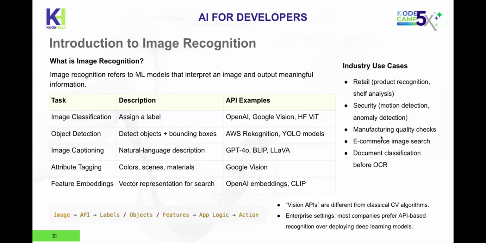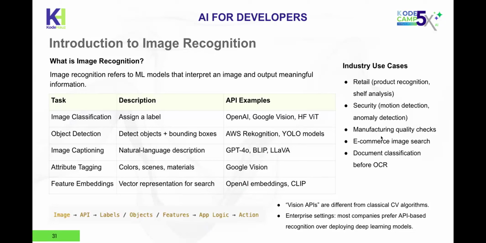Manufacturer quality checks. This is another very good use for image recognition, where you can actually take pictures as part of the manufacturing process and send those pictures to image recognizers that can identify defects and other kinds of problems in the items that are being manufactured.